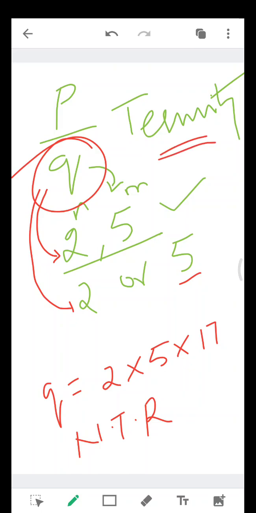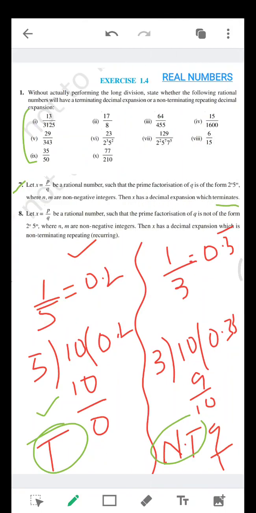If it has any other number other than 2 and 5, like 17 or 11 or 13, any number, then we say that it has a non-terminating repeating decimal. This is the rule for checking whether they have terminating or non-terminating repeating decimals.